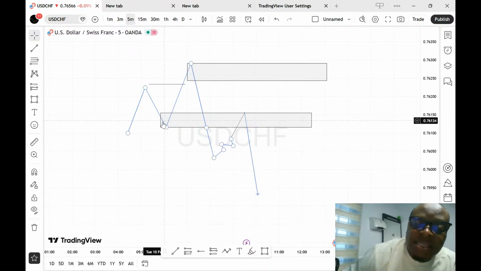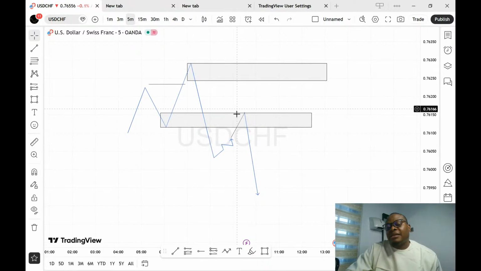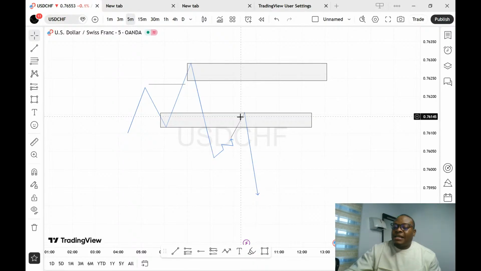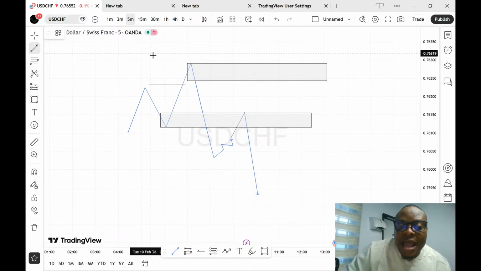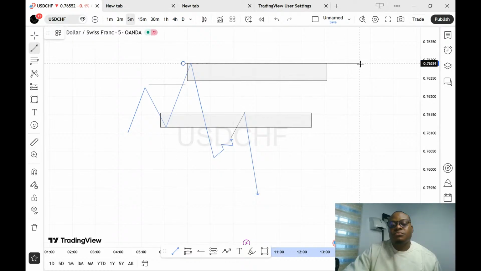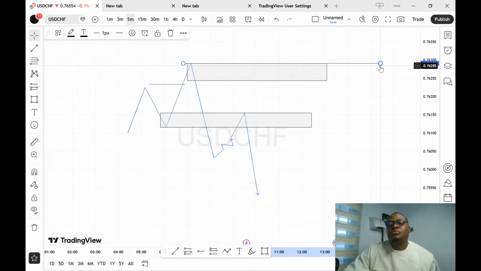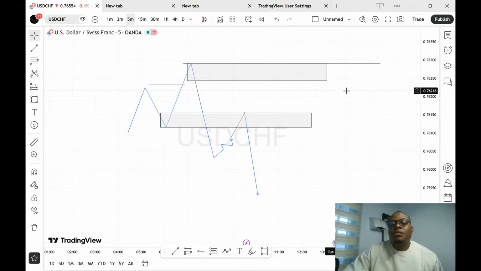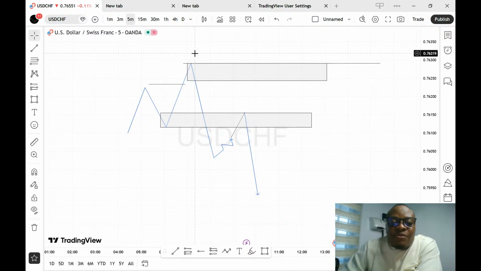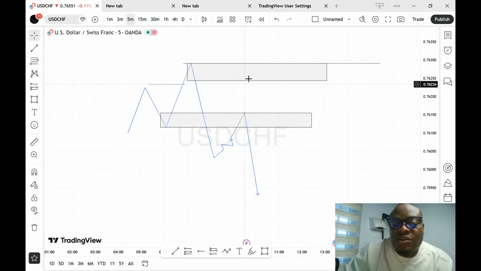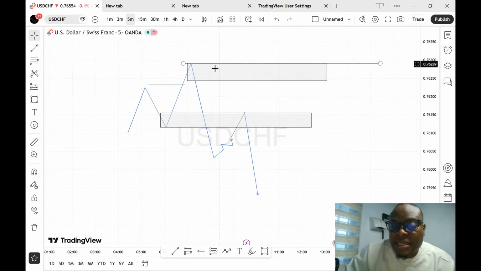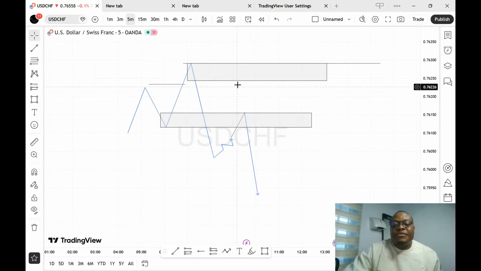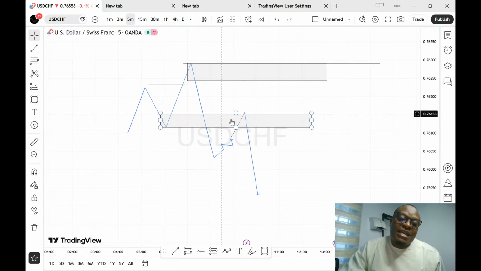The reason it's internal structure is because price has not taken out the current high. When price takes out this current high, then this will no longer be internal structure. But for now, price has not taken it out, so everything playing here is internal structure.